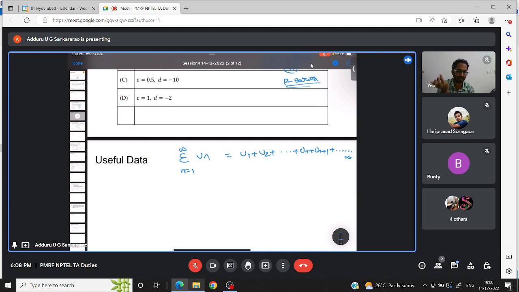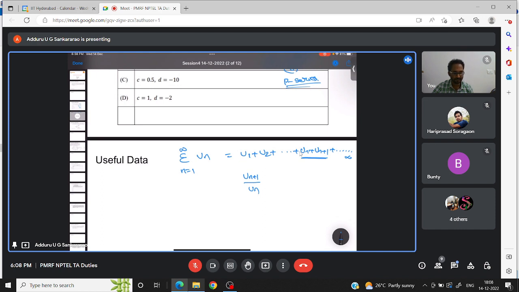Now suppose I take the ratio of two successive terms, u n plus 1 by u n, that means the ratio of the next term by the present term.